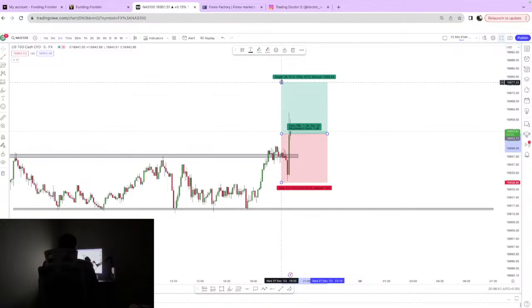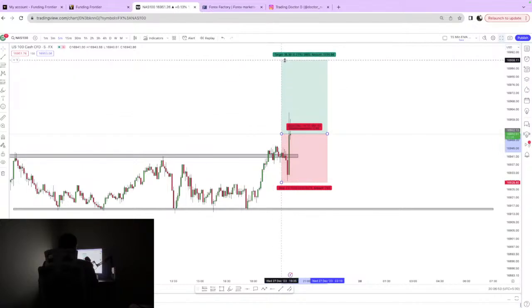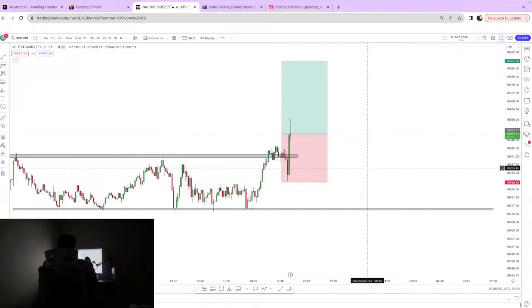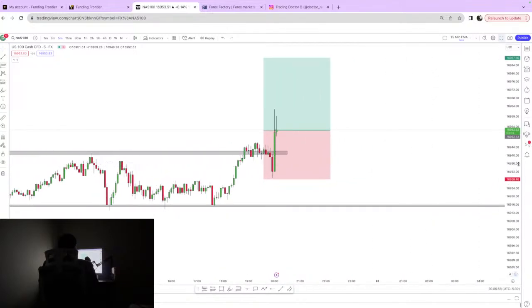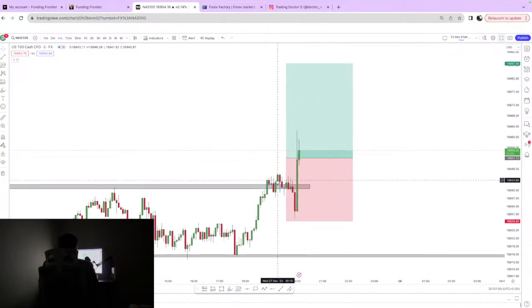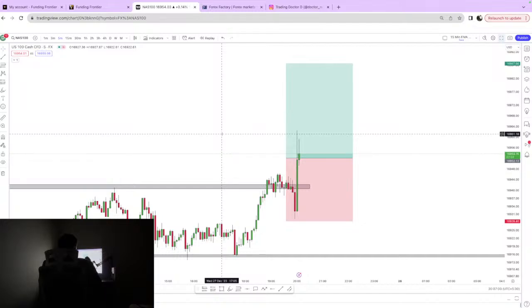So let's make it 1 to 1.5. For me, the retest has already happened.